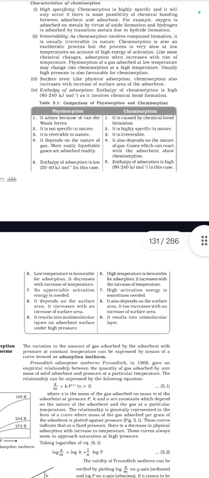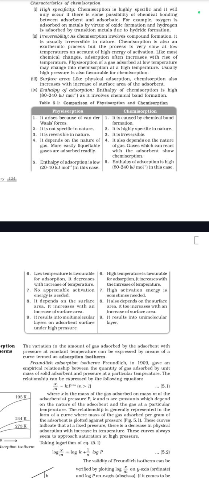Surface area: like physical adsorption, chemisorption also increases with the increase of surface area of the adsorbent. Enthalpy of adsorption: enthalpy of chemisorption is high, 80 to 240 kilojoule per mole, as it involves chemical bond formation.